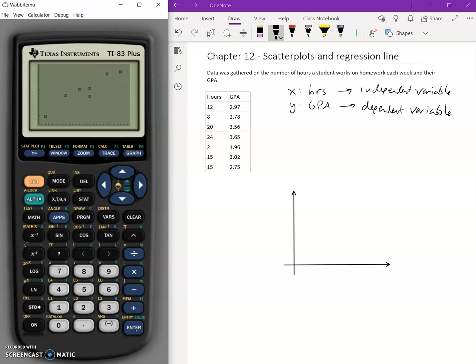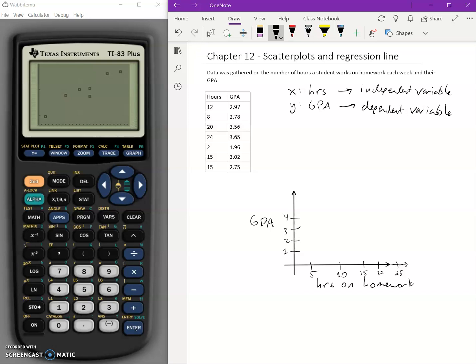Over here, if you were to sketch it by hand, say on a quiz or an exam, you would make sure that you label your axes. You would put hours spent on homework on the x-axis, and GPA on the y-axis. You could mark the x-axis going up by 5s: 5, 10, 15, 20, 25, and for GPA, 1, 2, 3, 4.